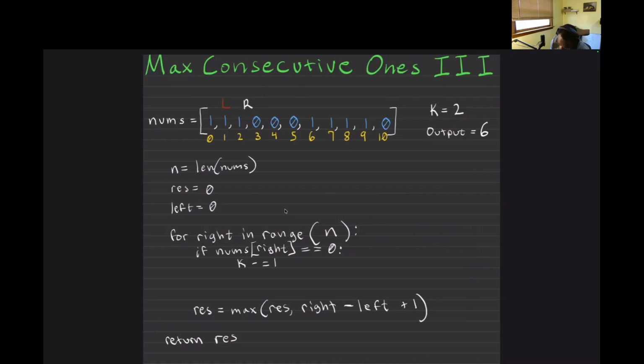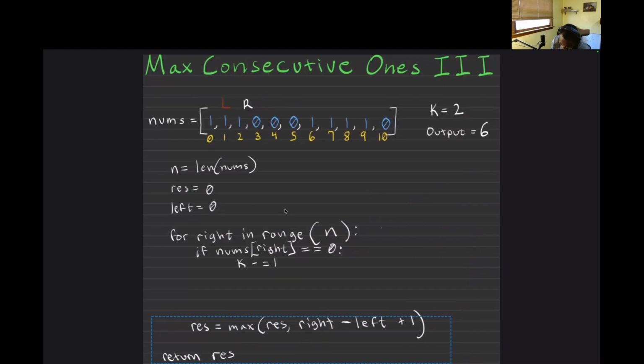So if we ever get to a point where k, we've used our maximum allotted flips, we simply add this while loop here, right?